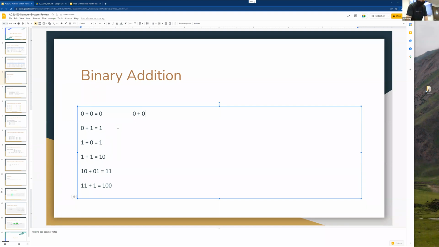That doesn't change. 0 plus 1 is still 1, and 1 plus 0 is still 1. However, in decimal, we do 1 plus 1, which is 2.